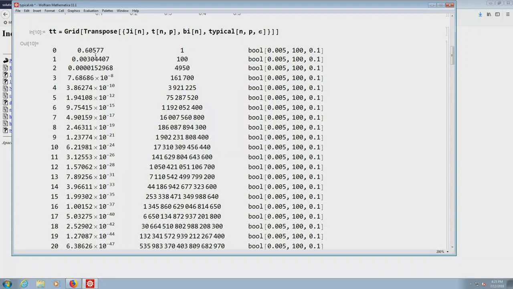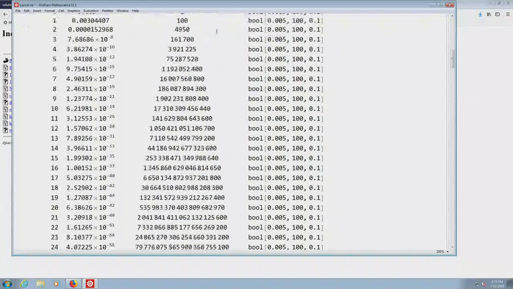Right, that's just 0.995 raised to the power 100. So that's what that number is there. And I think I didn't run that thing here, the bool.